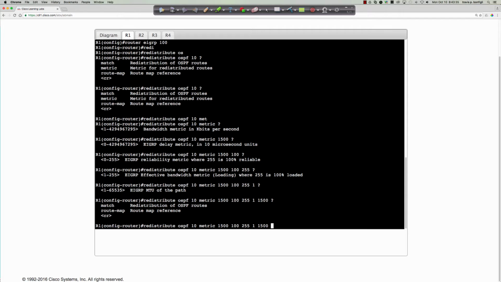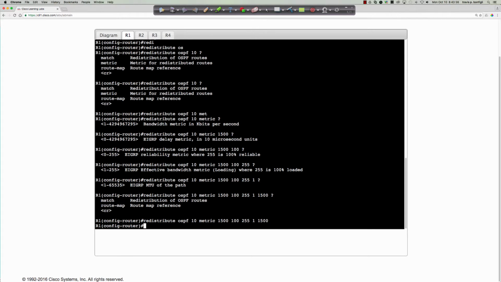So again, it's just redistribute from OSPF process ID 10 and assign the metric. Give a composite metric to that routing information so that when it goes into EIGRP Autonomous System 100, that process, EIGRP AS 100, says, oh, okay, I recognize these routes. All right, so we're going to hit enter right there.